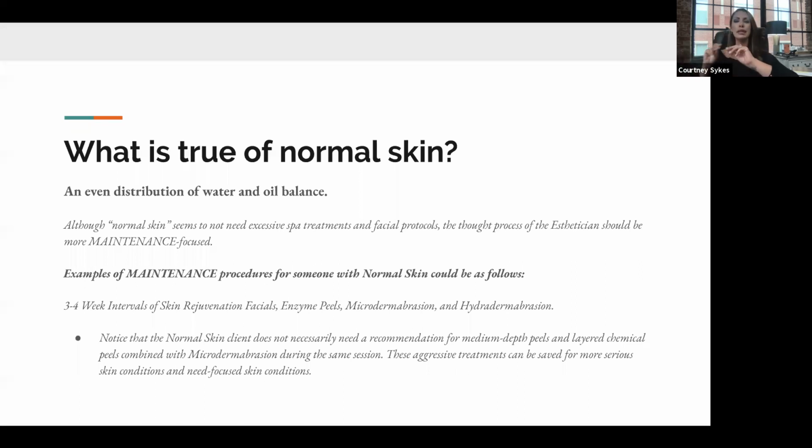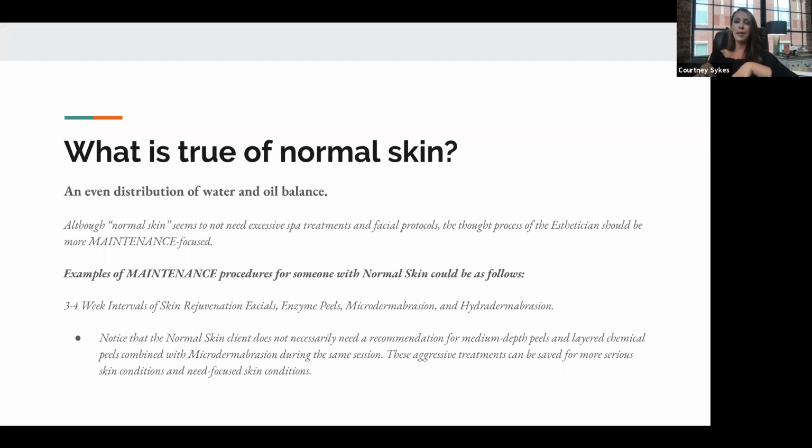So enzymes are like little Pac-Men that eat away dirt and debris from the top layers, and that's really it. So it just very softly removes corneocytes and just makes everything look better. It's just such a happy little peel for people that don't really want anything too aggressive, but people need that.